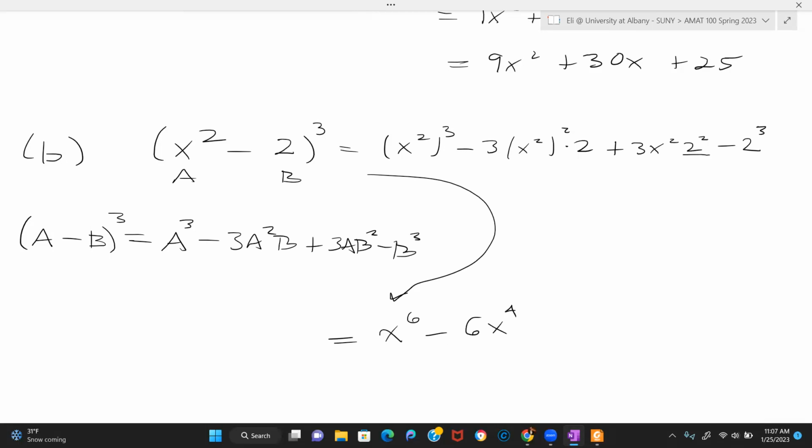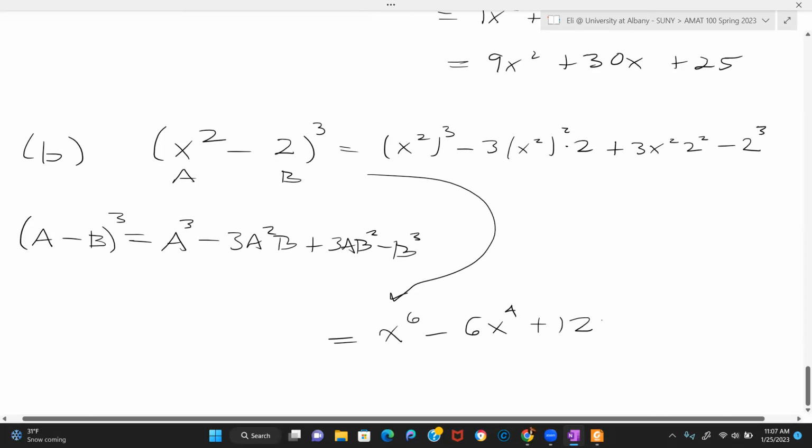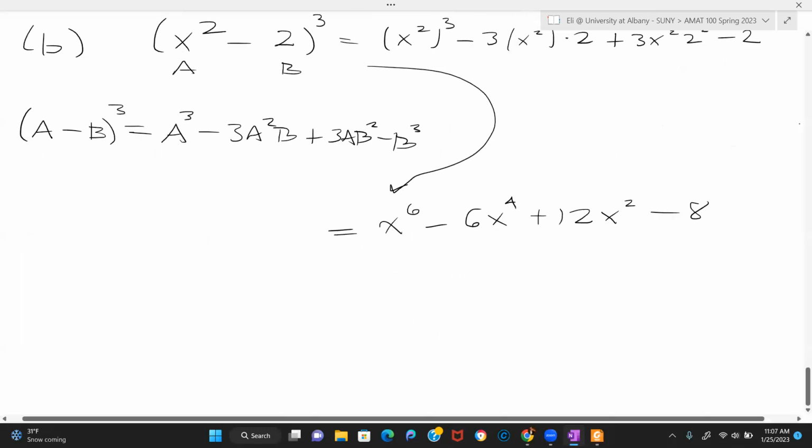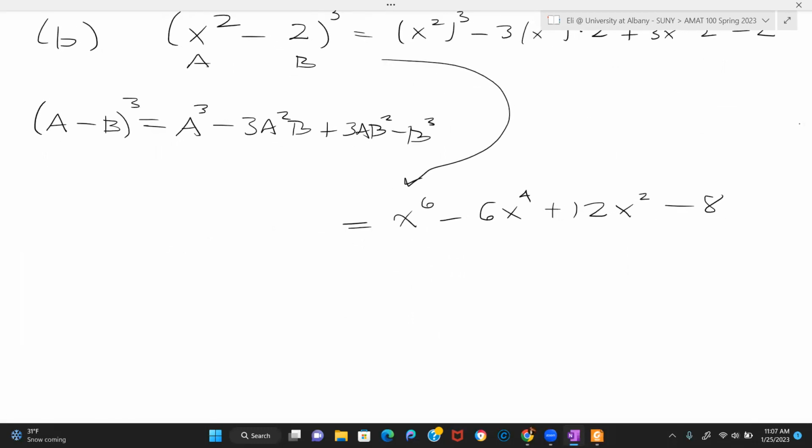And then this 2 squared right here, 4 times the 3 gives you 12, so plus 12x squared. And then 2 cubed is 8, so minus 8. So you can technically use this formula if you want to memorize it, or you can just FOIL it, I guess. It's not that bad, so let me go through that also.